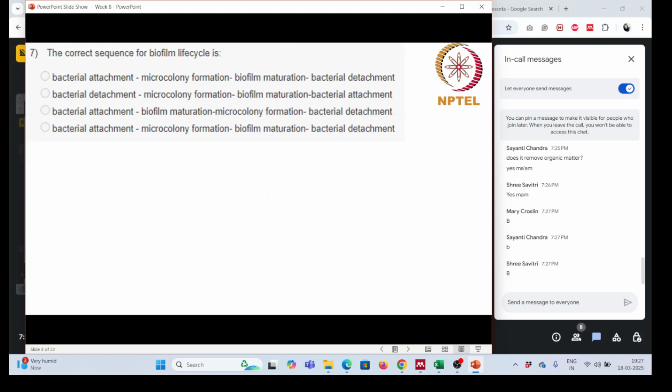The next question is, the correct sequence of the biofilm life cycle is?